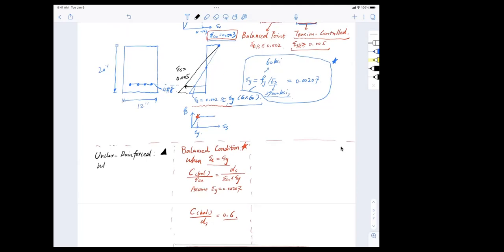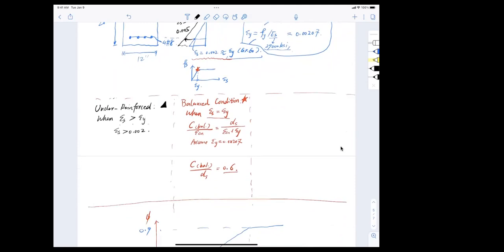That is when epsilon S is greater than epsilon Y. But when I say epsilon S greater than epsilon Y, that means epsilon S is greater than 0.002. But this is not correct, actually, sorry, 0.005, right?